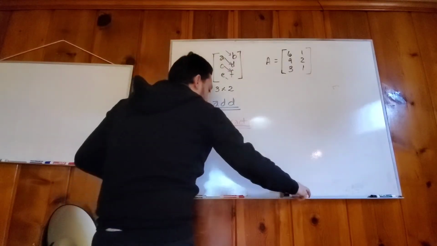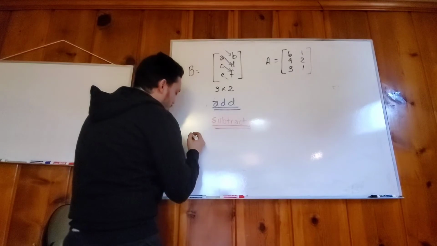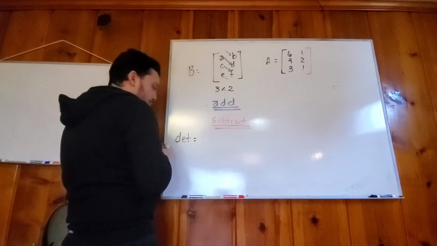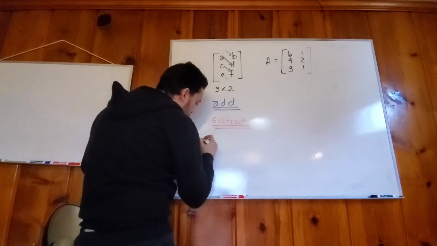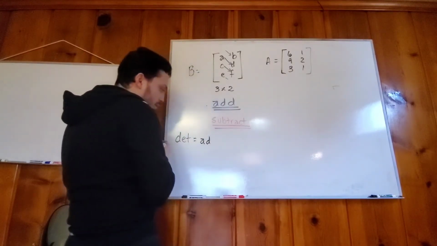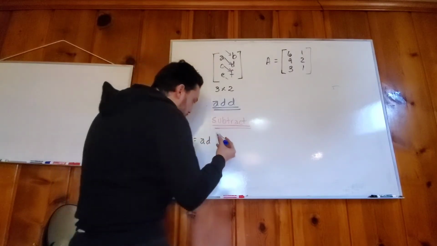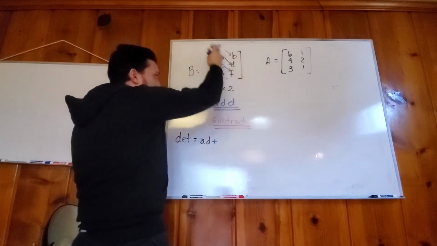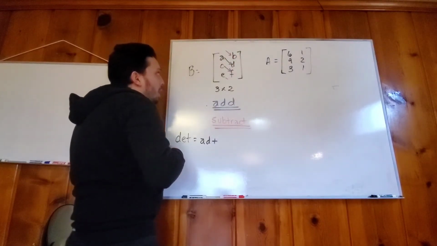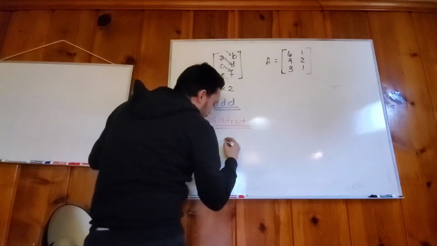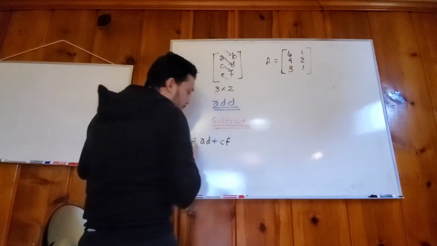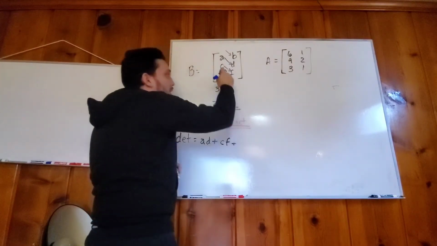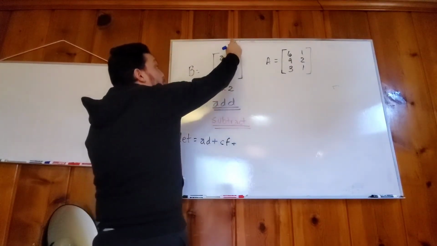So my determinant would be A times D plus, okay, I have to do it diagonally like this, going downwards, C times F, plus, and this is where it gets a little bit tricky, because we know that E can't go with anything down here, but B was left up here.